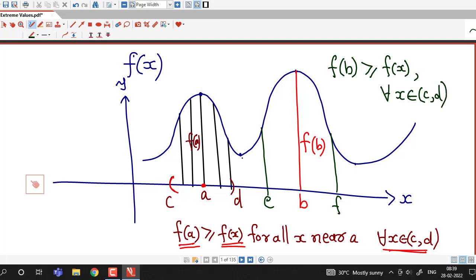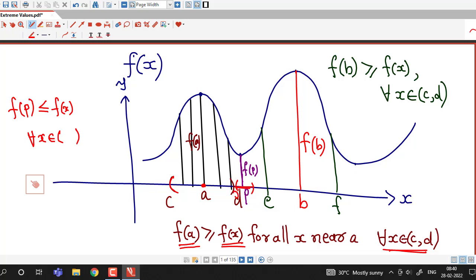Similarly, we can talk about the local minimum value. For example, if we consider this point, then this point is a local minimum. Suppose this point is denoted by p, then if we consider some interval containing p, then we can say that the value of the function at x equal to p is smaller than f(x) for every x in the interval containing p.